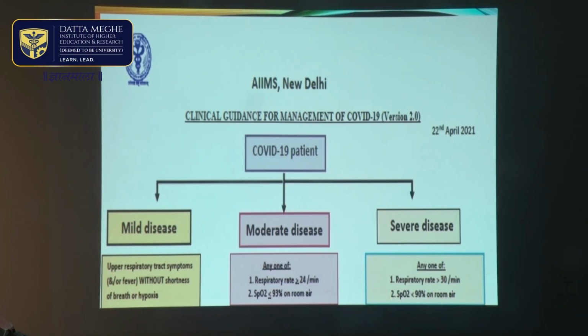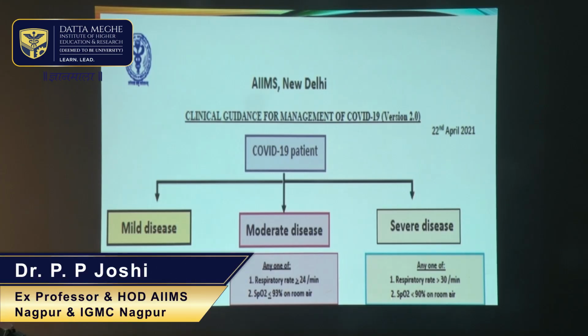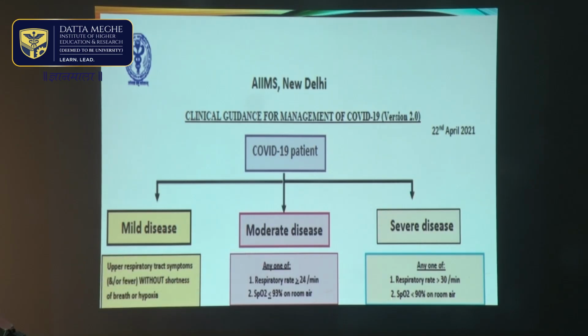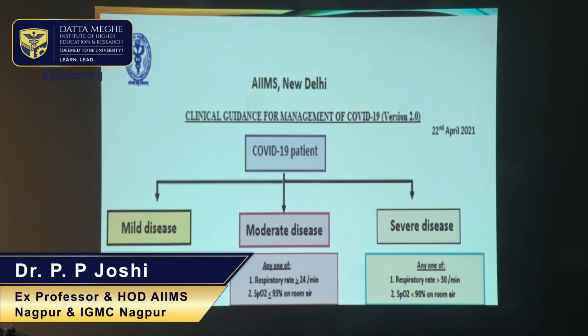And normally it should be more than 94%. If it is less than or equal to 93%, and the respiratory rate, which is normally between 12 to 18, increases to more than 24, then it is classified as moderate disease. But in mild disease, the respiratory rate is normal. There is no tachypnea. The patient's respiratory rate is about 12 to 18, and their SpO2 is normal.